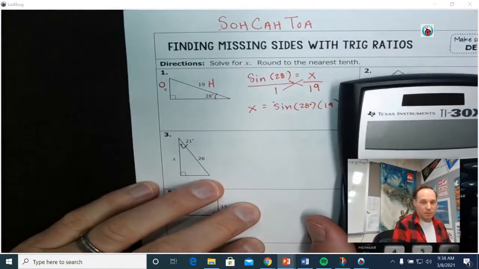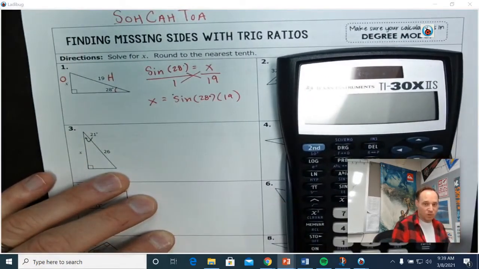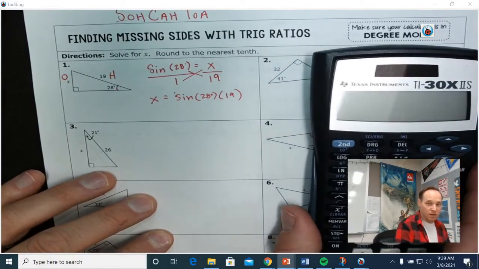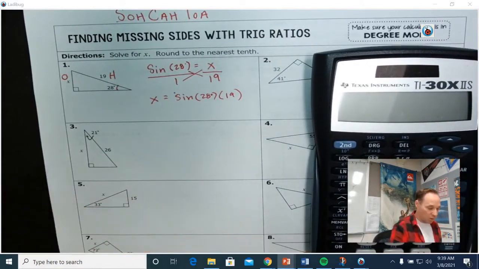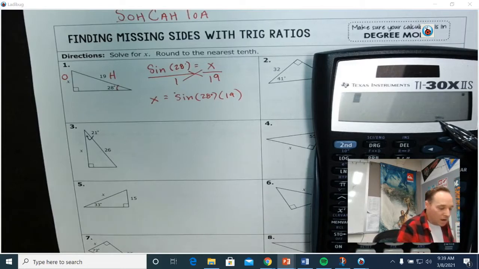Calculator time. Now, how you do this really depends on what type of calculator you have, because some calculators work slightly differently than others. You might have noticed that sometimes you have this little thing that says DEG, or degrees. Since we're using the sine, cosine, and tangent ratios with degrees, it has to be in degrees. If it's in radians or RAD, it doesn't mean you're rad, it means your calculator's in the wrong mode.